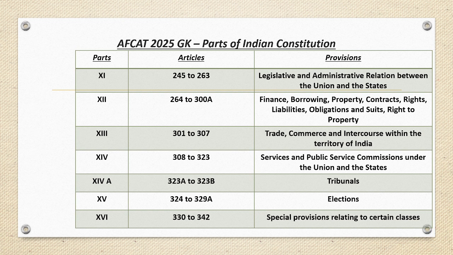Then we have part 14A. It deals with the tribunals. And then part 15 deals with elections. Then we have part 16. It deals with special provisions relating to certain classes.